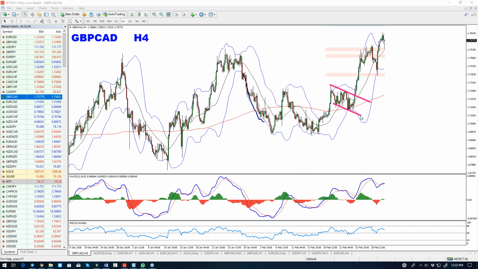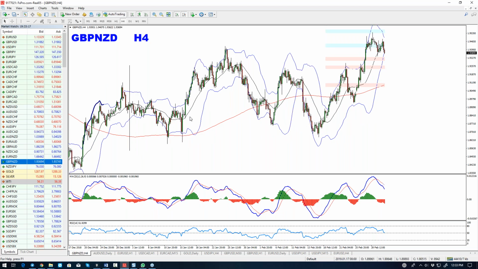Quick reminder: moving to neutral. Again, when two time frames start to show warning signs, I'm not fighting it, I'm respecting it, and on GBP CAD, I become neutral.